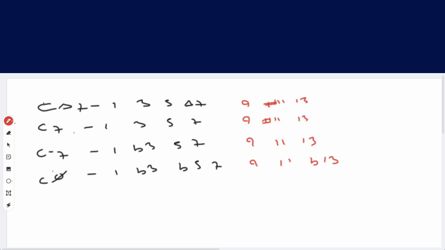In C minor 7, the triad that will be formed will be 9, 11, and 13. It'll be D minor. And in C half diminished, the 9, 11, and 13 simply form another diminished triad, a whole step above the root. Okay, so that's kind of a shortcut to remembering what the triad is.